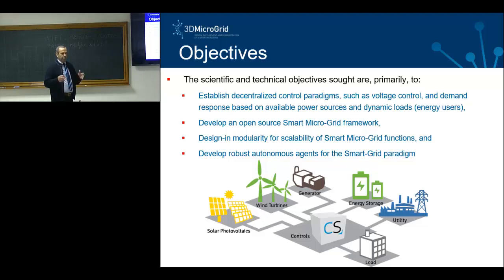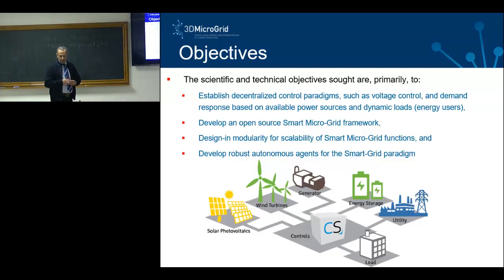And because we're using a lot of software, we want to introduce and develop an open source smart microgrid framework. So this is a project that we want to introduce to the communities. So hopefully by the end we have a piece of software that we can launch and put out for the communities to use.